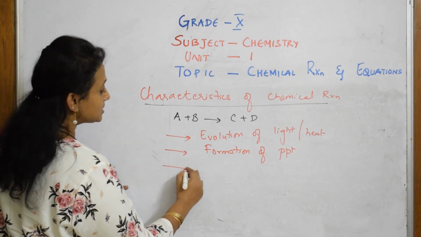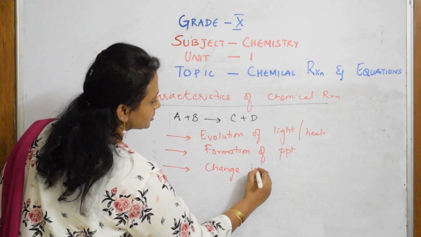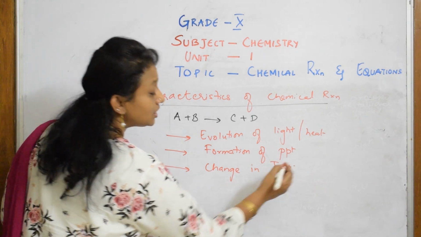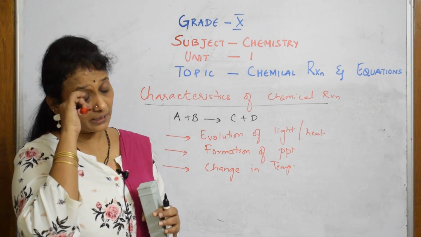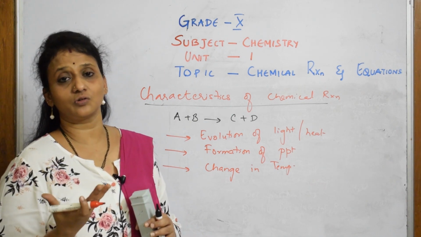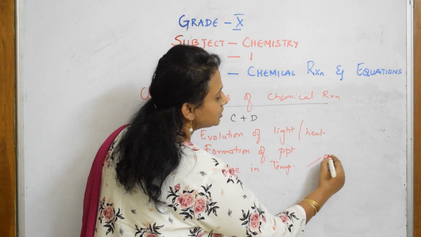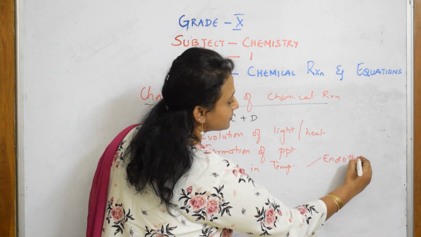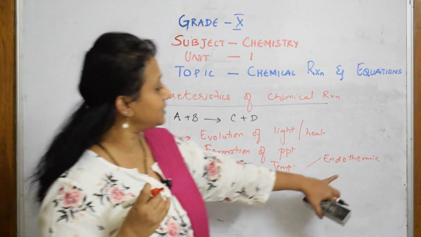There are certain reactions where there is change in temperature. The beaker or the test tube may become very cold, or it may become very hot also. So there are two varieties of reactions, that is endothermic reactions, where endo means absorption and thermic means heat.